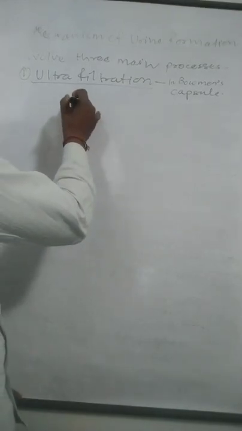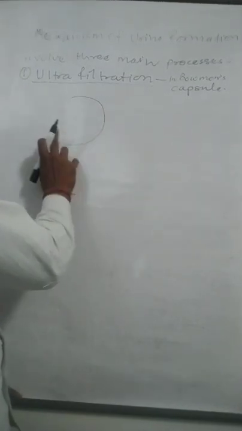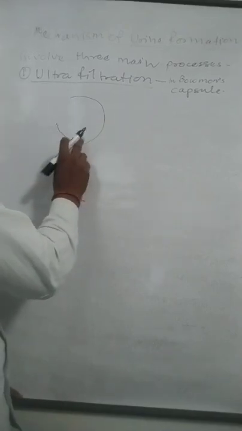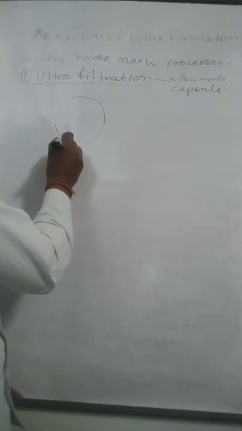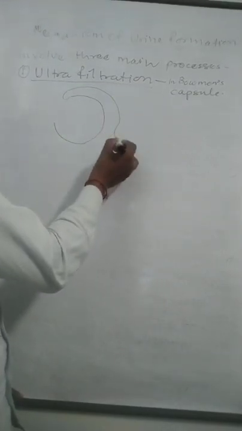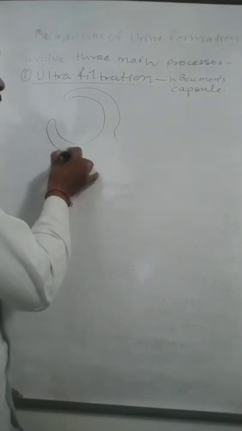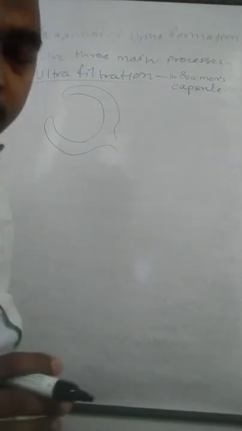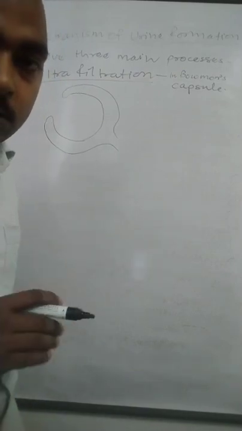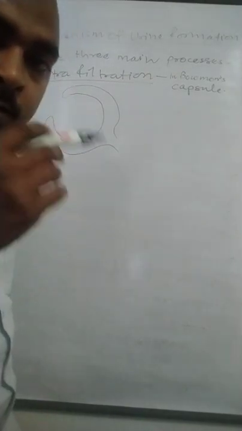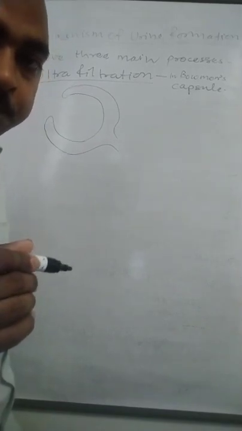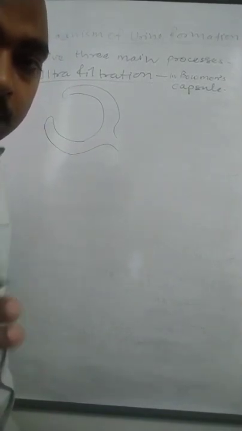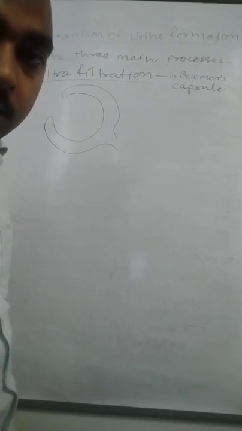So how does the ultrafiltration take place? Let us draw the diagram of the Bowman's capsule to show the process. As we discussed in the previous video lecture about the structure of the nephron, the Bowman's capsule is the initial part of the nephron.